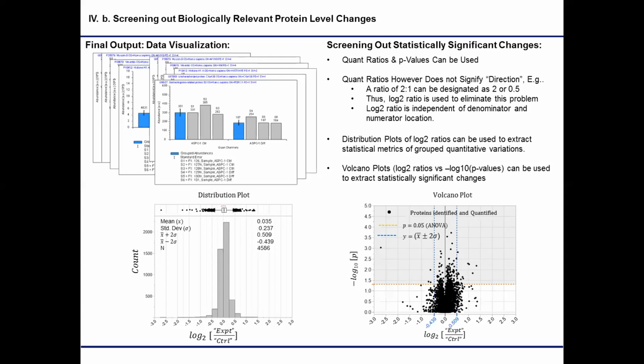The next question, Shara asked if this means it's biologically relevant. Biological relevance is very difficult to define. A change in protein abundance may or may not result in a change in a biological phenomenon or a phenotype of some sort, and that's why it's very difficult to define. This is also true in RNA sequencing, or even in DNA sequencing.